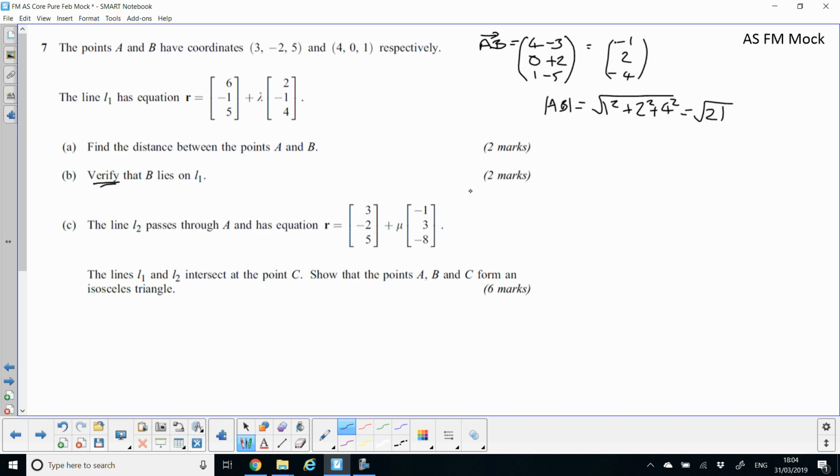Verify that B lies on line 1. So that means we can use what we have been given. All we want to do here is take the coordinates of B and make that equal to my line, so that's the position vector, r. That's basically what I'm doing. What you get from that is 3 equations.